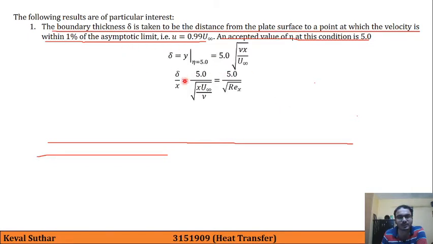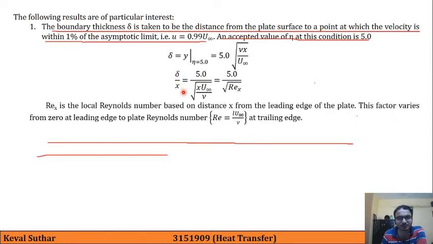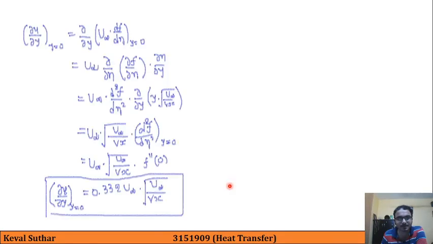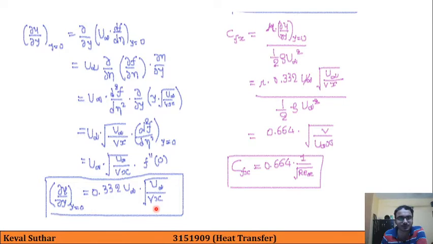And then we obtained the value of delta upon x, that is providing the value of hydrodynamic boundary layer. The local skin friction coefficient was obtained in this way. So this is the value of del u upon del y at y equal to 0, and this is the value of Cfx.